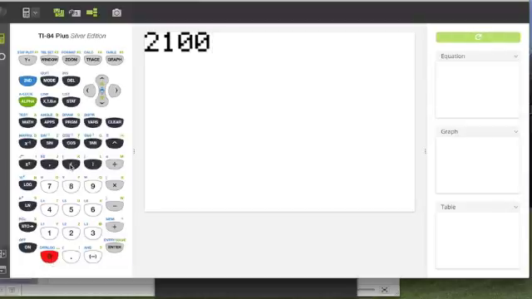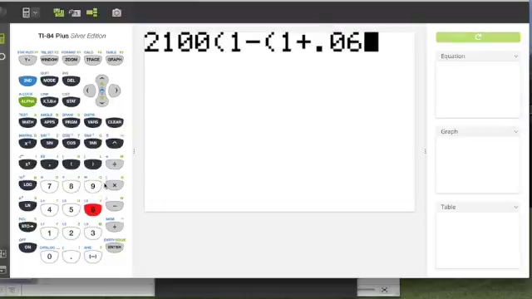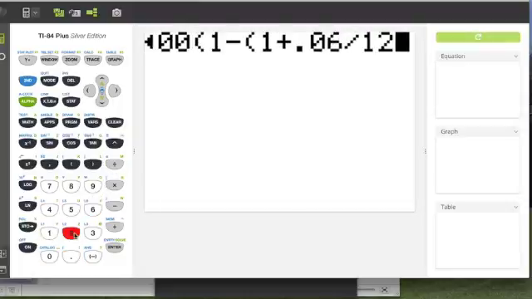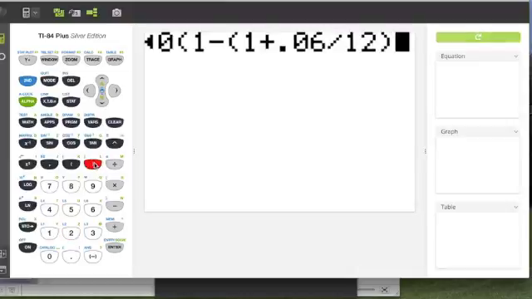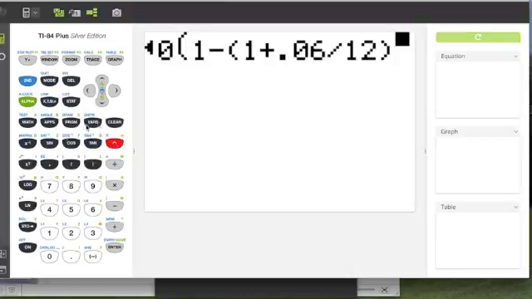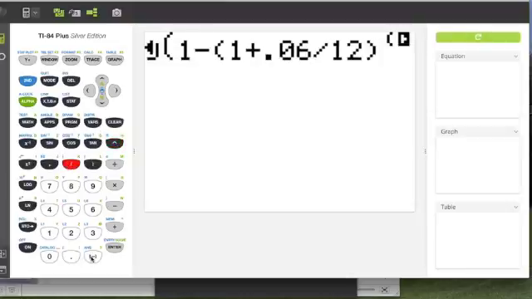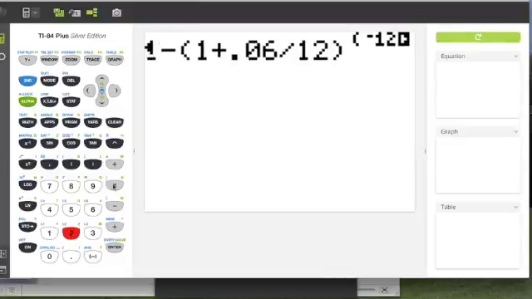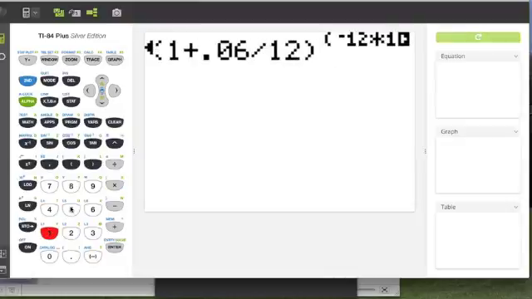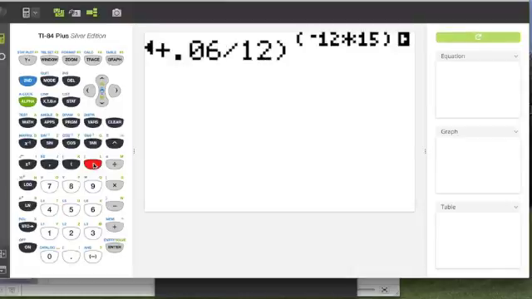2,100 times, starting a numerator parentheses, 1 minus parentheses 1 plus 0.06 divided by 12. Close that parentheses, raise the parentheses, and it's a problem, so negative 12 times 15, close the parentheses.